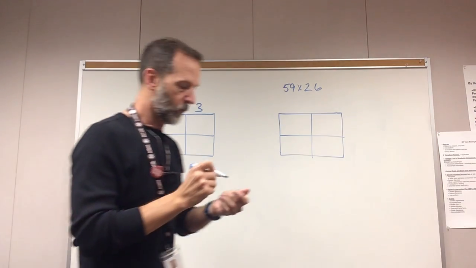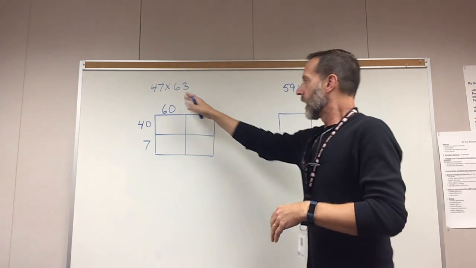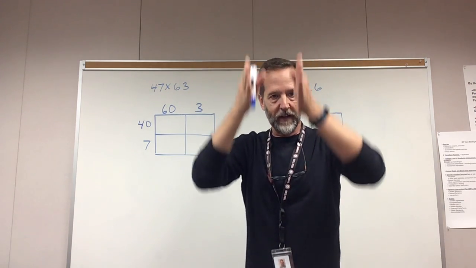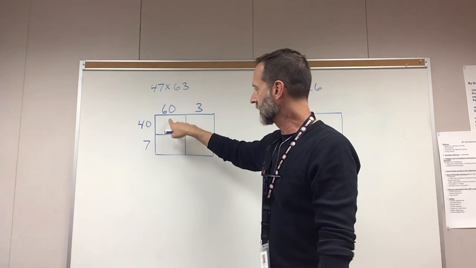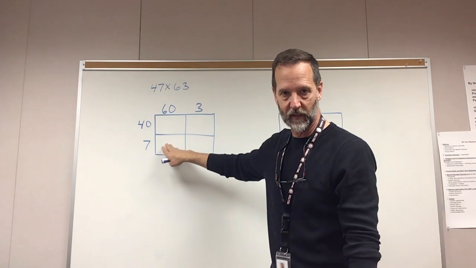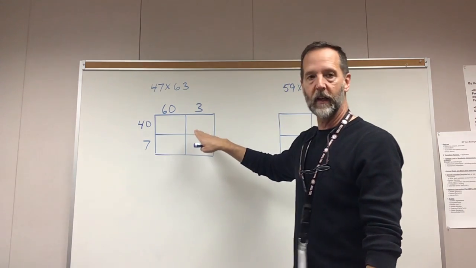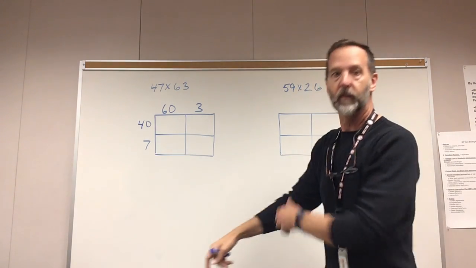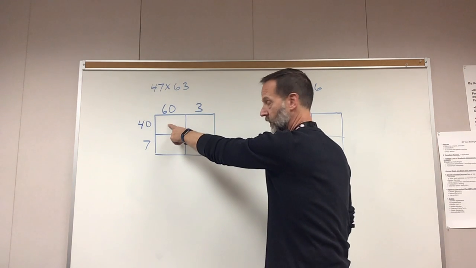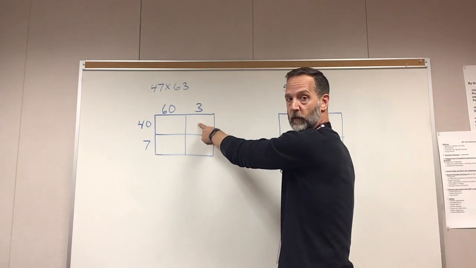And now what I'm going to do is I'm going to multiply. The numbers that are on the top are going to come straight down in their column. So for the 60, this is using 60. This is using 3. This is using 3. For the numbers on the side, they're going to follow their row across. This is using 40. This is using 40.